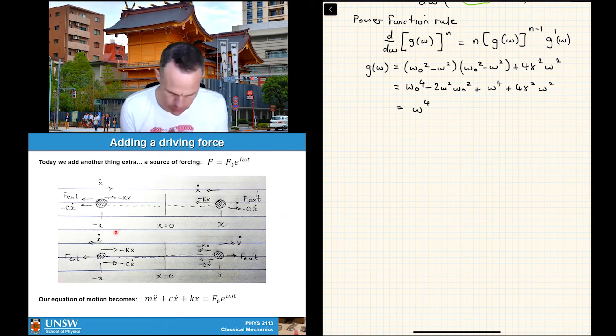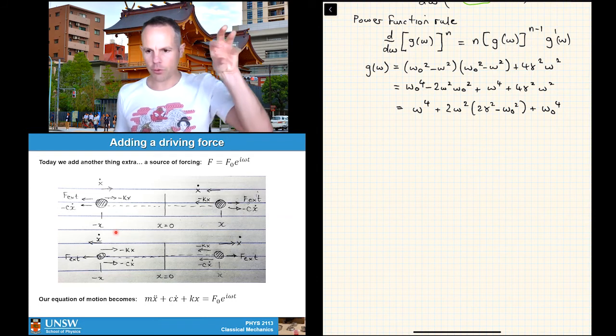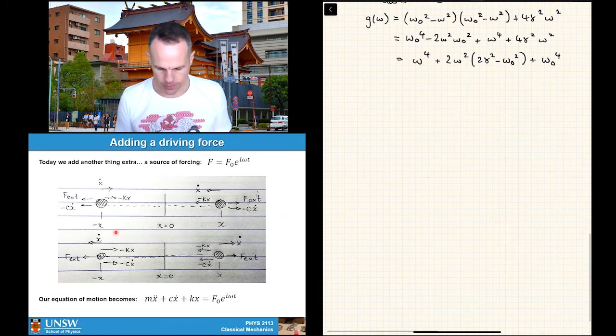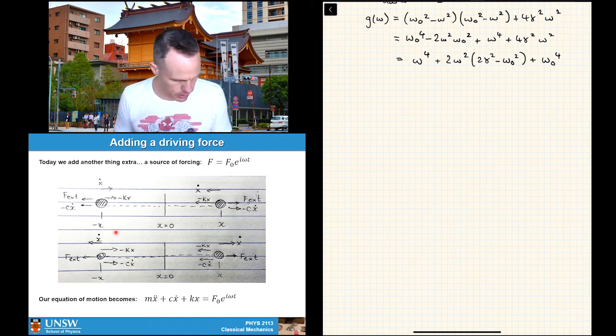So this is omega to the power of 4 plus 2 omega squared times (2 gamma squared minus omega naught squared), plus omega naught to the power of 4. Okay, so there's an omega to the 4, omega to the 2, and 1 on the end, and the cubic and linear terms don't exist in this particular equation.